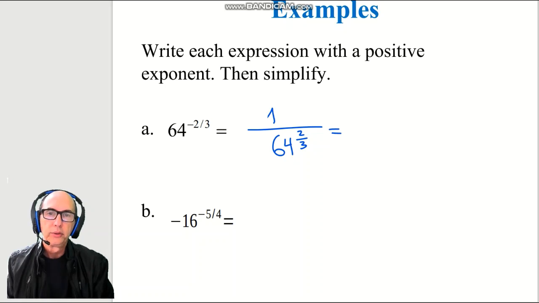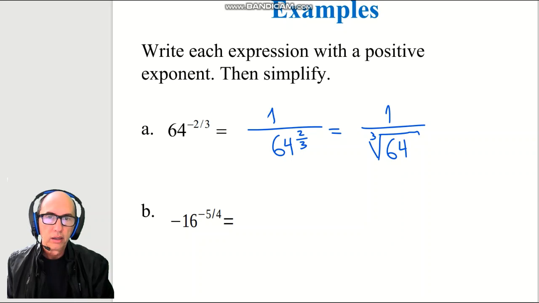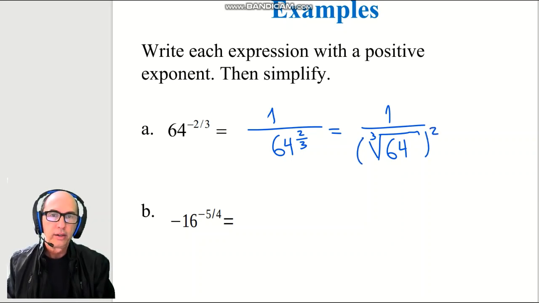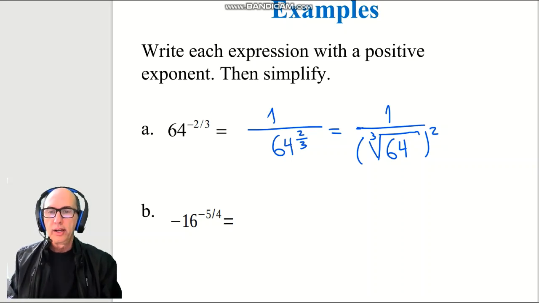And that's going to be equal to 1 over, the denominator is the index, and the numerator is the power. You can write here or here. It doesn't matter. The final result will be the same. Okay. Another example.